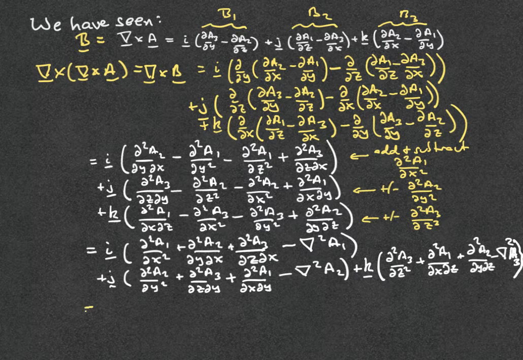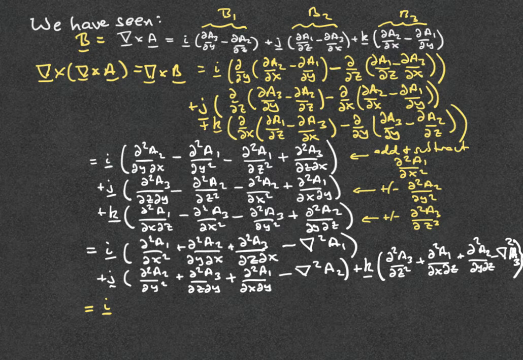I'll change the colour. So in the i direction, and I'm now just going to look at the positive terms because the terms that we're subtracting, we've seen how to rewrite them. I'll just write them at the end. So here, these positive terms, they have all got a derivative with respect to x. So every single one has at least one derivative with respect to x.